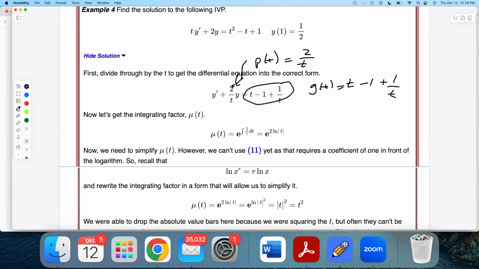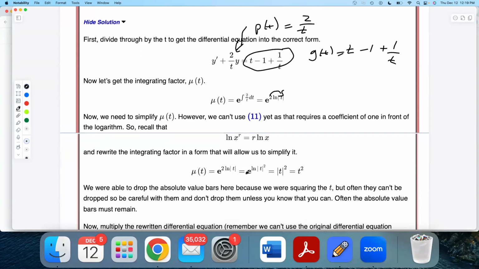Anytime you have something of this form, a number over t or x, this same math is going to happen every time. I would like to cancel that e and that natural log, but I can't in this form. Every single time we have an integrating factor that looks like this, we're always going to play this game. We're going to take that 2 and bring it in as an exponent. That's just rules of logs. Remember, we can take a number outside and bring it in as an exponent.